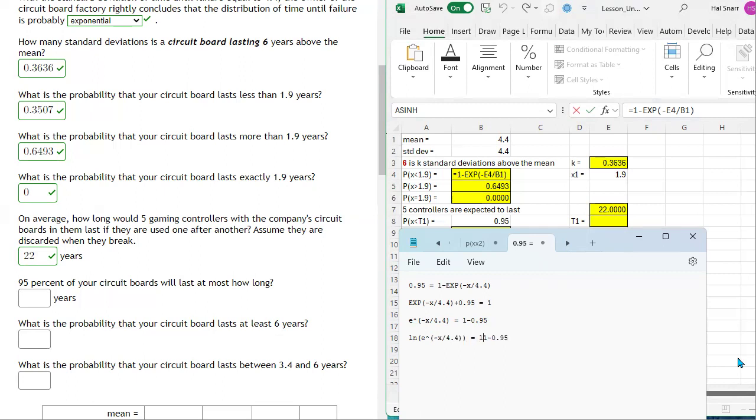So we have ln, right? I'm not going to do the arithmetic here, and I'm going to show you why in a second. Now, the natural log of E raised to some number is just that number, right? Okay, now what I got to do is I just got to multiply both sides by 4.4.